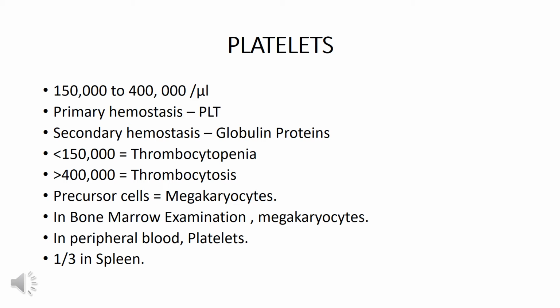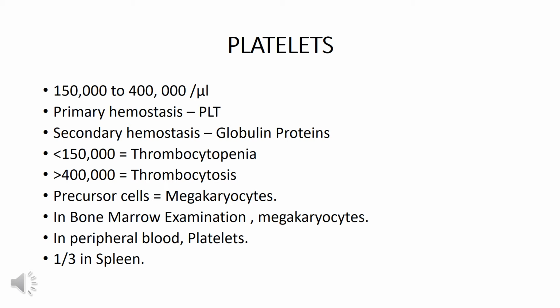Then a deficiency of platelets from its lower value, it means कि अगर 150,000 से प्लेटलेट्स कम हो जाएंगे एक बॉडी के अंदर, पर माइक्रोलीटर से कम हो जाएंगे, तो दिस कंडीशन इज नोन एज थ्रोम्बोसाइटोपिनिया.